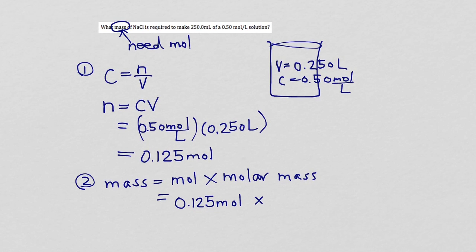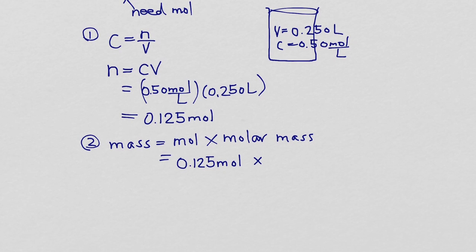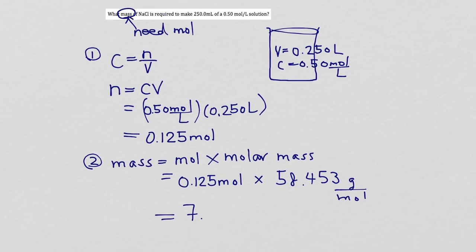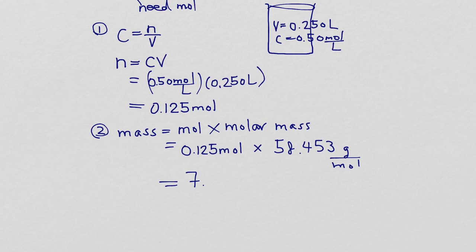So NaCl, the molar mass is 58.453 grams per mole. Multiply that together and it is 7.3 grams.